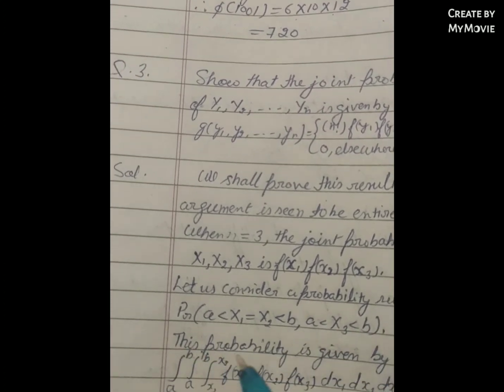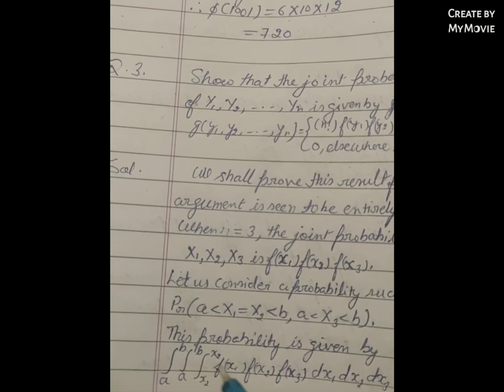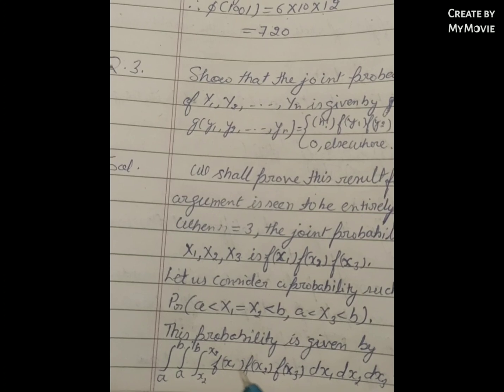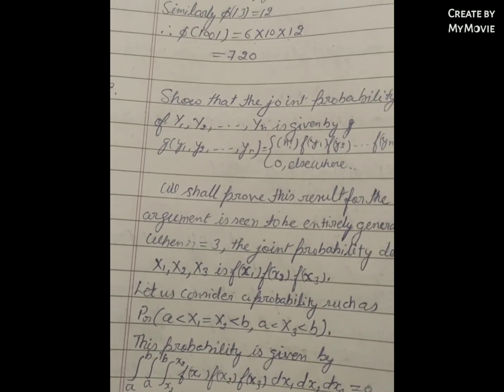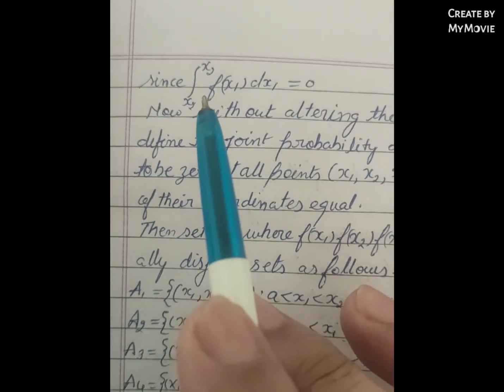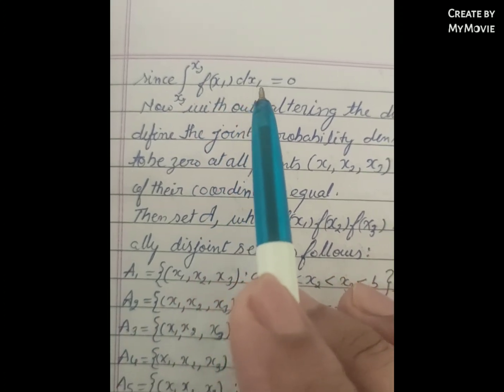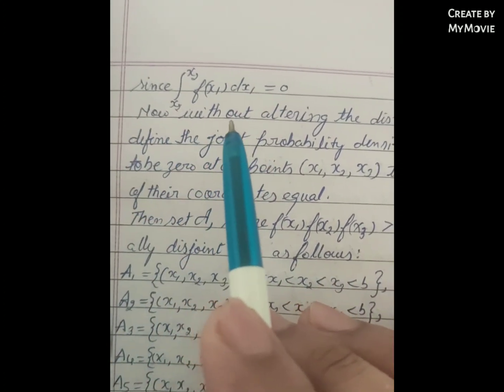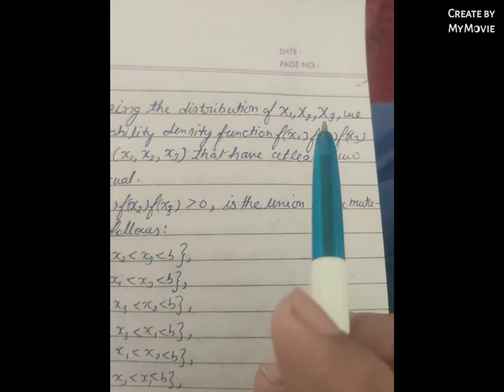The probability is given by the integral a to b, integral x2 to x2, f of x1 f of x2 f of x3 dx1 dx2 dx3, which is equal to 0, since the integral from x2 to x2 of f of x1 dx1 is 0.